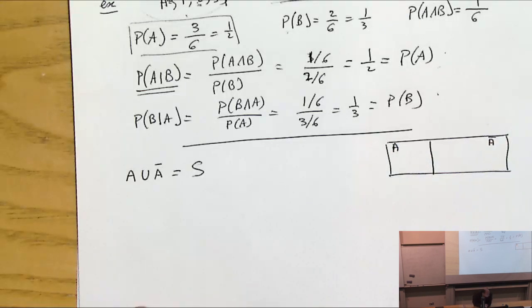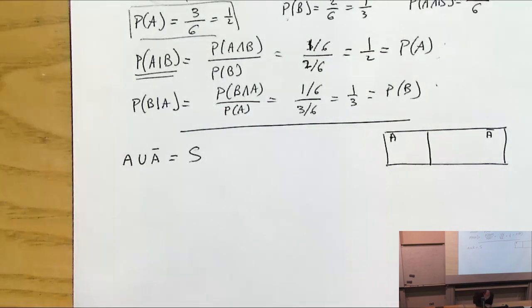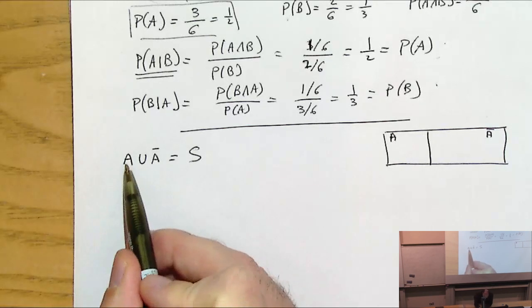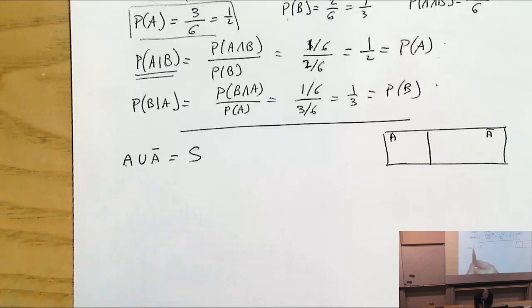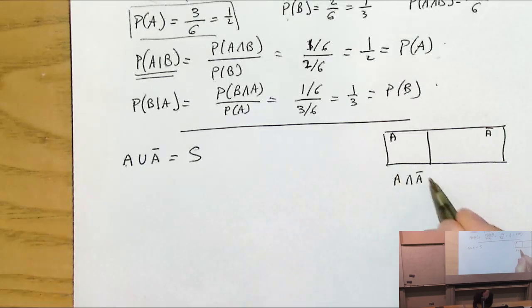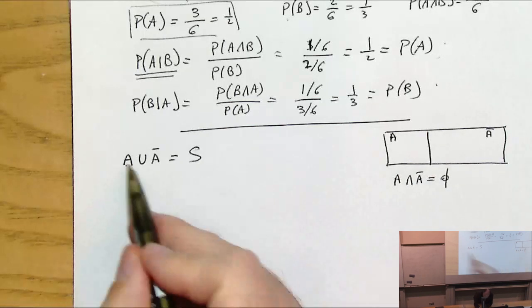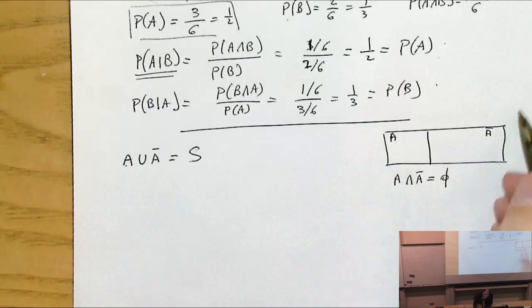If you take any event and take the complement of that event within a certain random experiment, the union of the 2 will always be the sample space, or in terms of sets, the universal set. So what you see here is that A has no intersection with not A. So A intersection not A is the empty set, right? And A union not A is equal to the whole sample space.